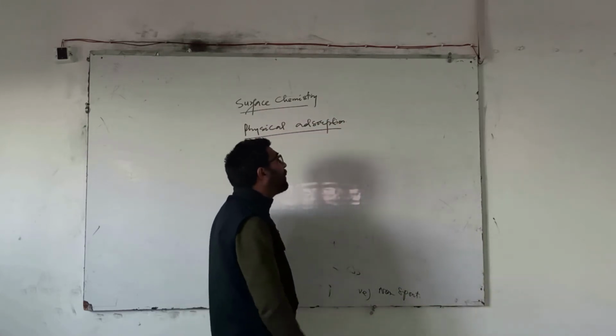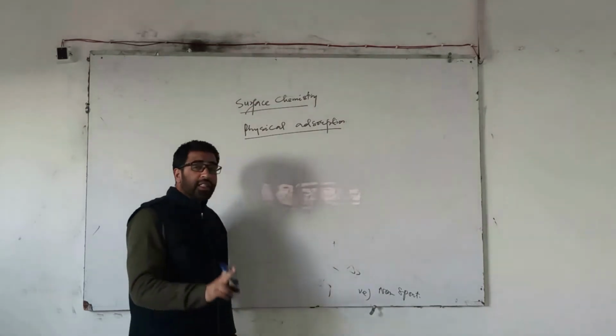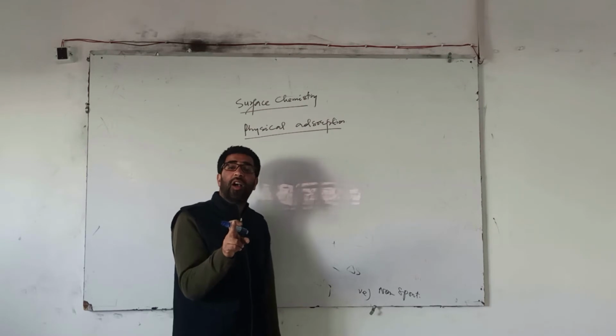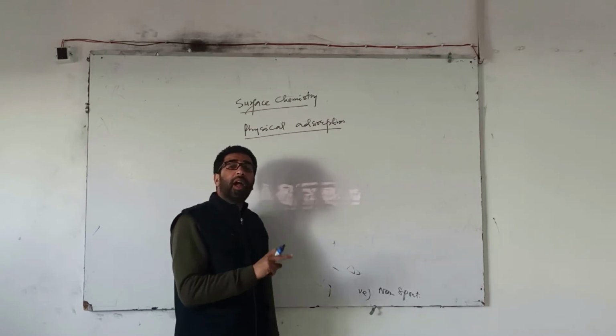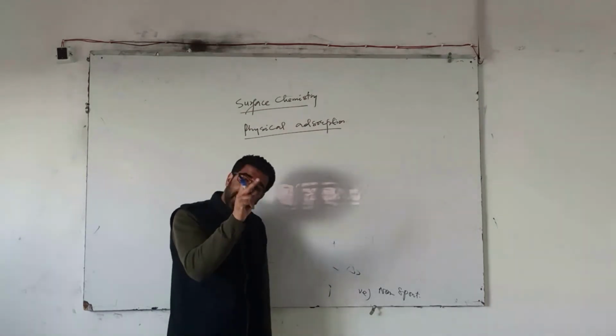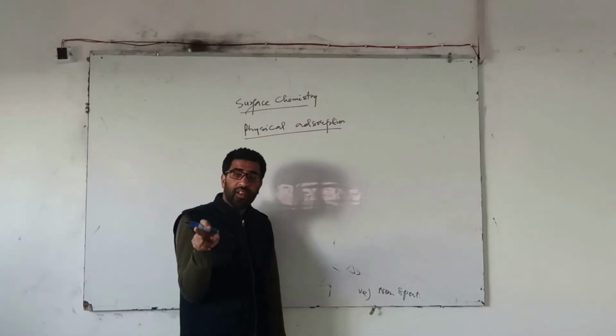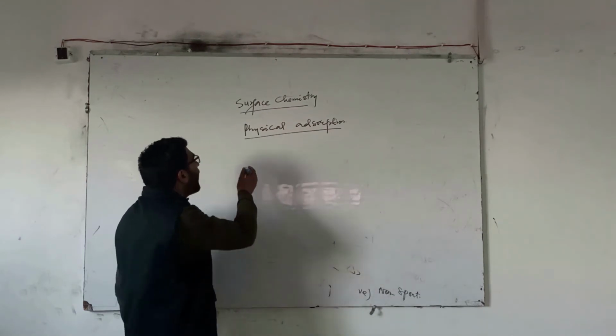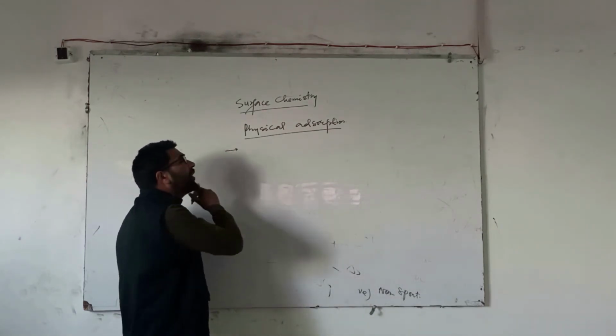First of all, I will repeat a point. The surface on which adsorption takes place is called the adsorbent, and the gas which gets adsorbed on the surface is called the adsorbate.